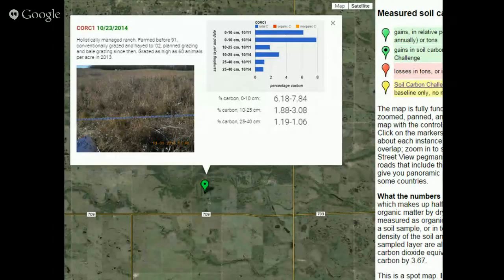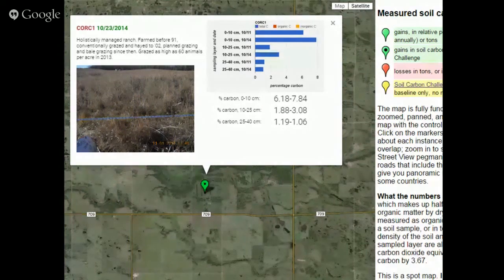Here's an example of the open kind of mapping that we're doing for the Soil Carbon Challenge. These are spectacular figures, I think, from southeast Saskatchewan. In 3 years, carbon has increased in all layers. We have a slight decrease in the bottom, but it's hardly to the point of measurement distinction.